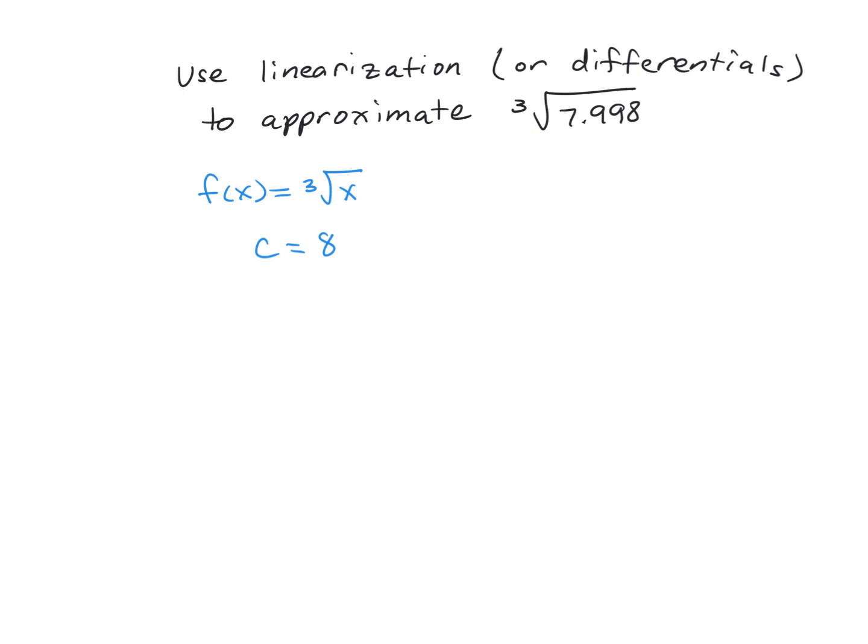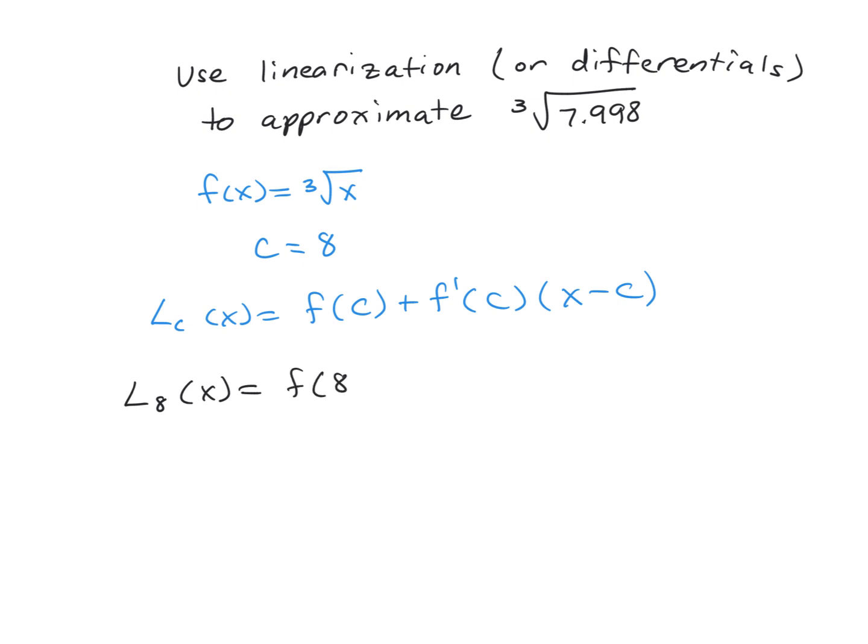So our linearization formula, thinking back, is L_c of x is equal to f of c plus f prime of c times x minus c. So in this case, it's actually L_8 of x, and that's equal to f of 8 plus f prime of 8 times x minus 8.